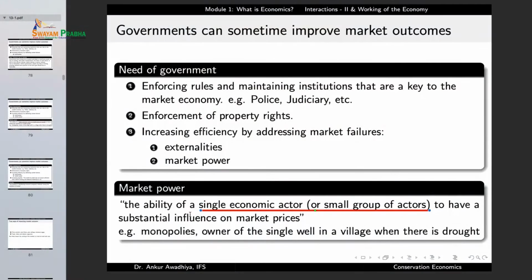Because in the case of monopolies, they are not price takers, they are price makers. They can sell at any rate that they want. And when they choose the rate at which their profits are maximum, in a number of cases, a large number of people in the society just do not have access to the goods. So this is another example of market failure. So the governments need to step in certain cases.